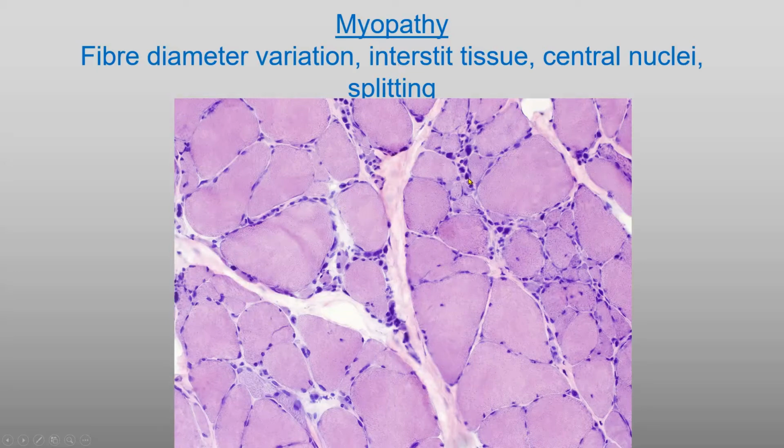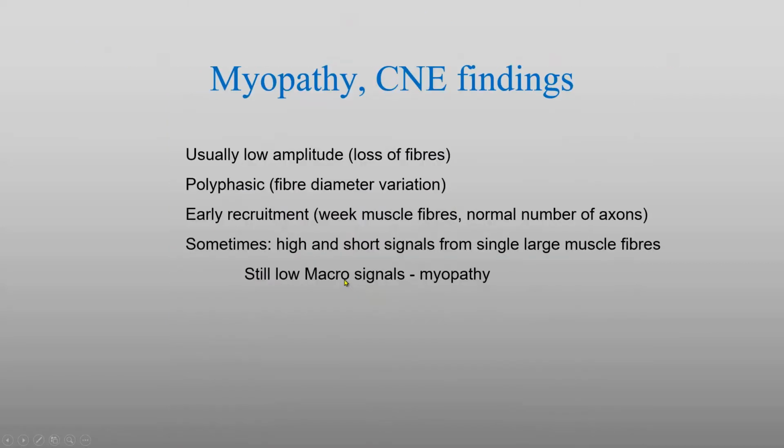We have interstitial tissue, more or less. We have central nuclei, here, here, here. And we have fiber splitting. Here is a split, here is probably a split. These changes are unevenly distributed within the motor unit.